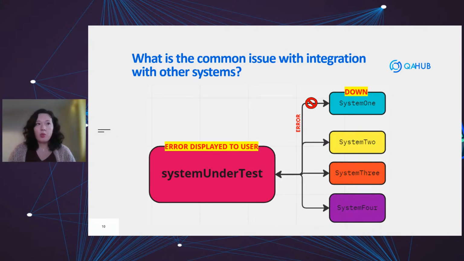And for these purposes, on my project, we have implemented this functionality that is called design for failure. This is the design that is shown to the user whenever an error comes from the third-party system.